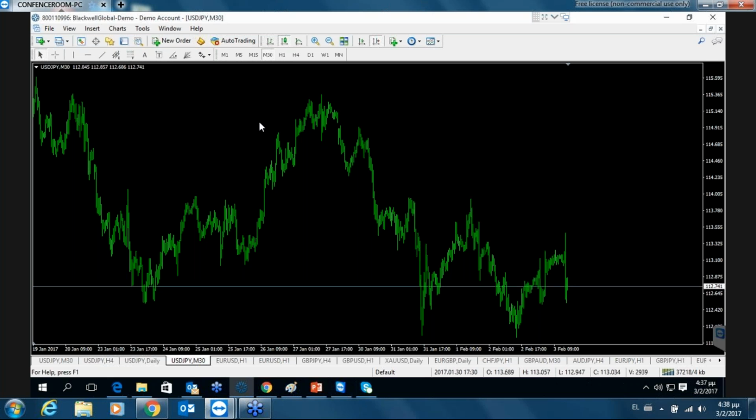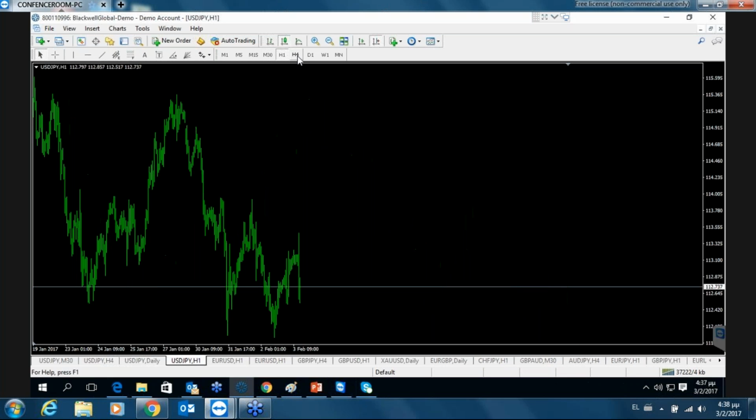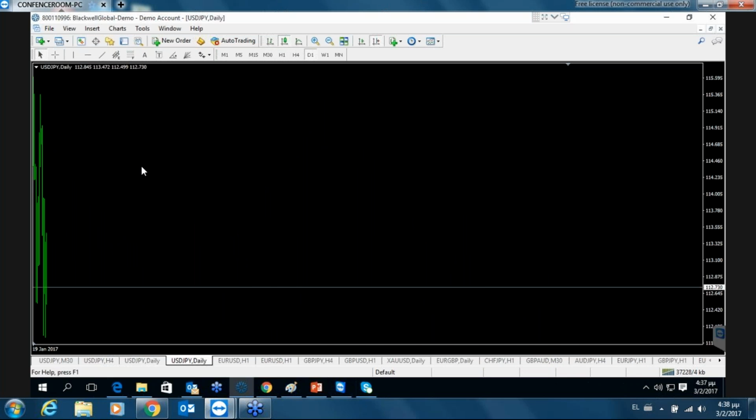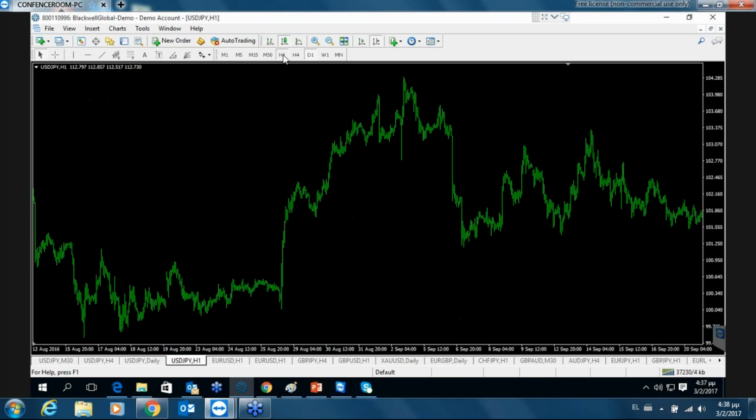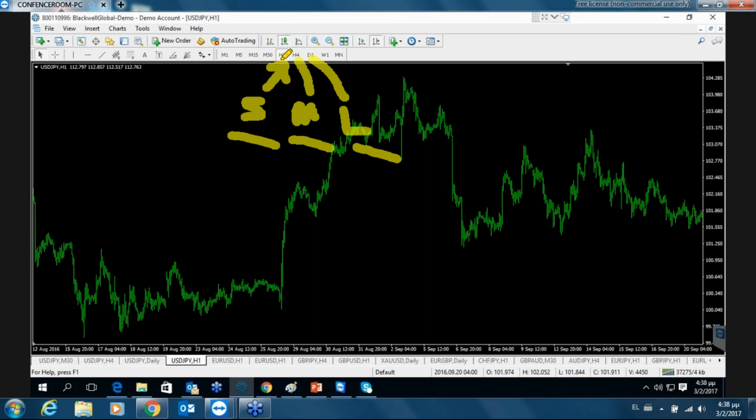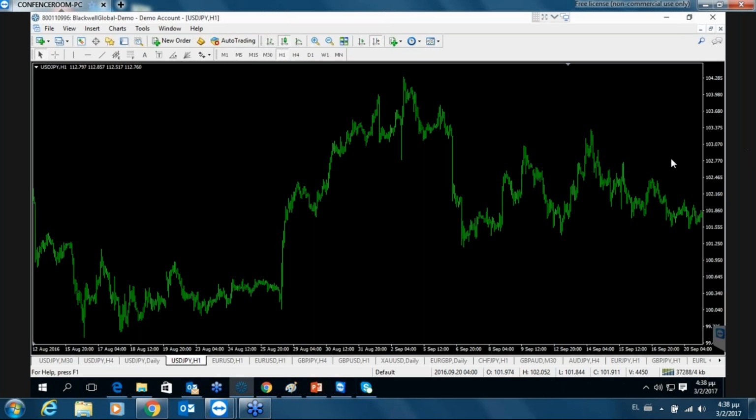If I choose 1 hour, 4 hour and daily, then my 1 hour becomes my short time frame, the H4 is the medium time frame, and the daily is my long term: small, medium, large. So short, medium and long term would be my H1, H4 and D1.